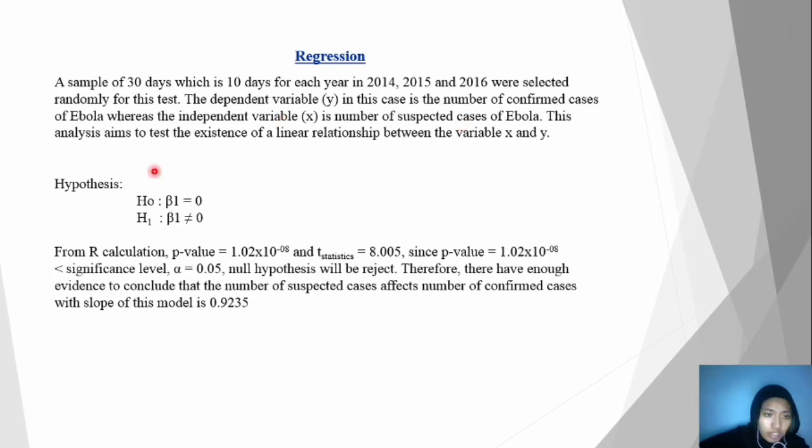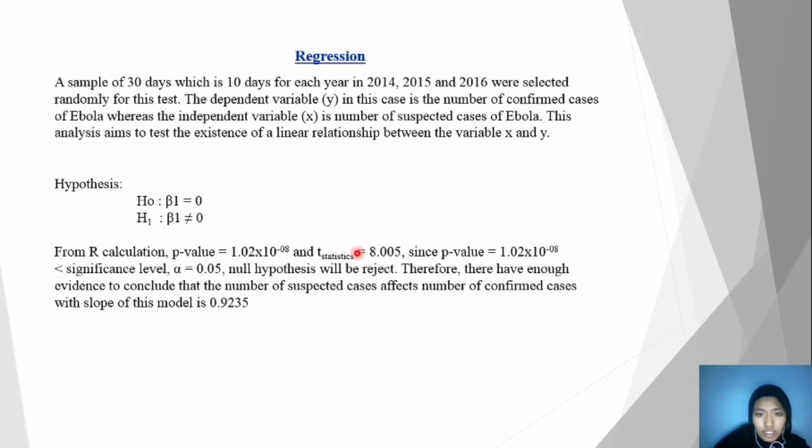The null hypothesis for this test is that the slope is equal to 0, while the alternative is that the slope is not equal to 0. From the R calculation, I get this p-value, and the t statistic is 8.005.